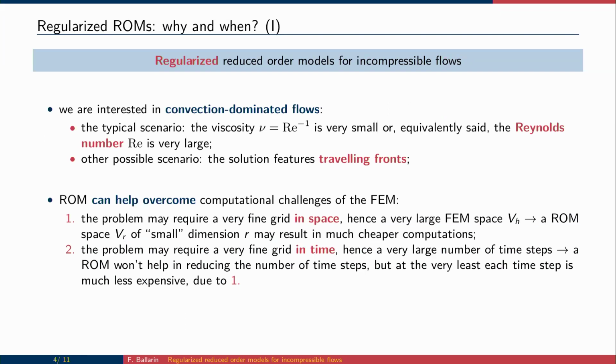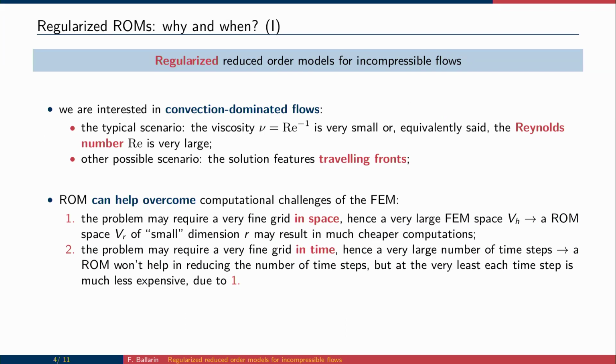The first part of the title is regularized. Why is it that we need regularized models and when? We need those in convection-dominated flows, and the typical scenario is the case in which the Reynolds number is very large.